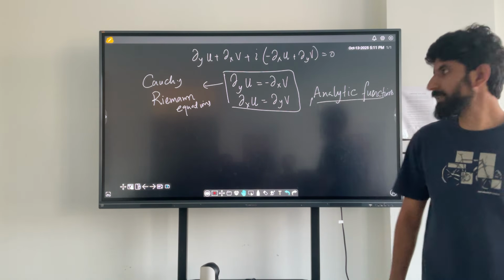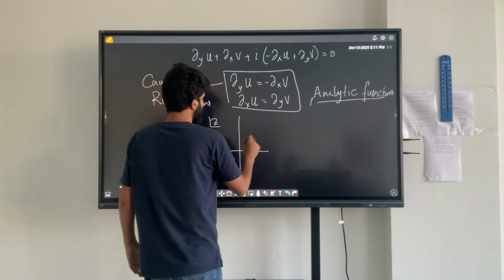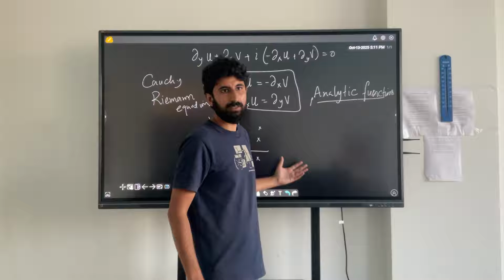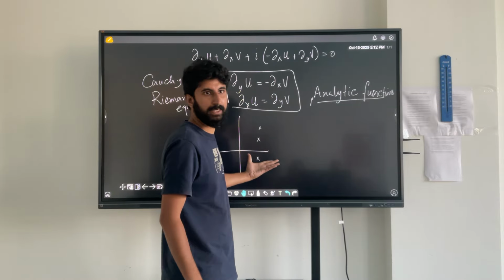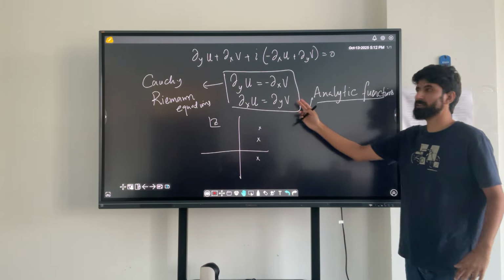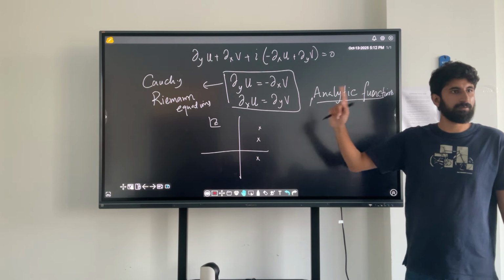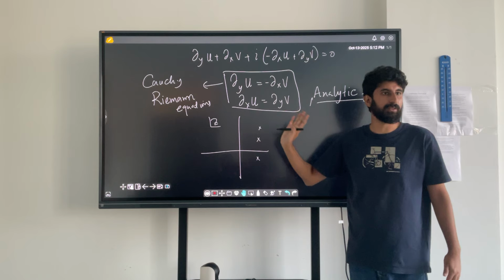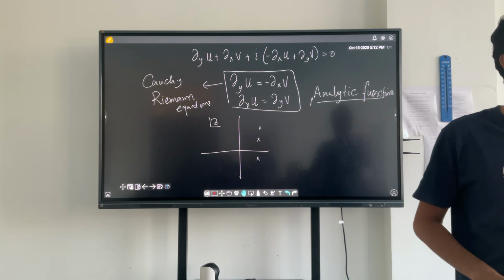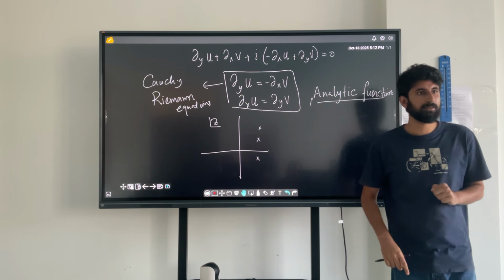But if you have a complex plane Z and there are a few points where this is not true, then the function is analytic on the entire complex plane except these three points. So when I say analytic function, I have a domain in mind, where these equations are true. If I say analytic at a particular point, it means it is analytic there. Do you get my point?